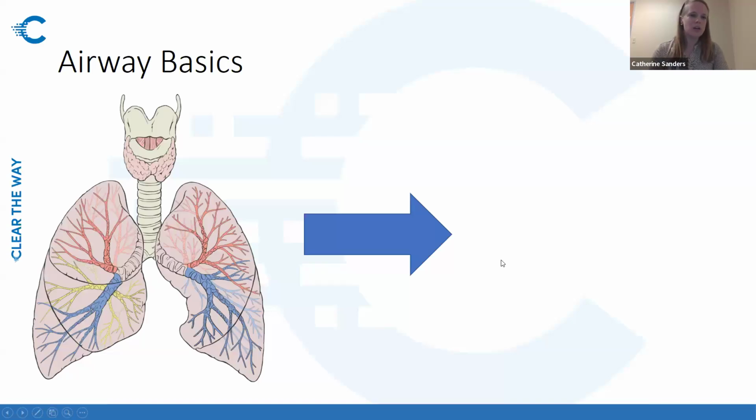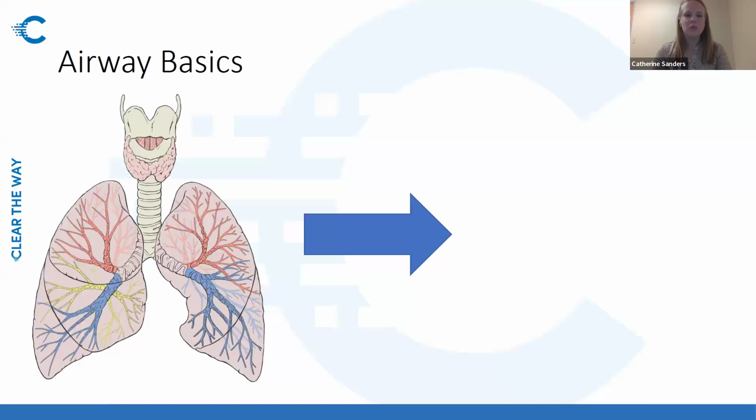So to start, I want to look at the very basics of what the airways are. At the top of that figure, you can see the vocal cord area, or the larynx. If you go just below that, you come into the trachea, or the windpipe, and that's the main airway.